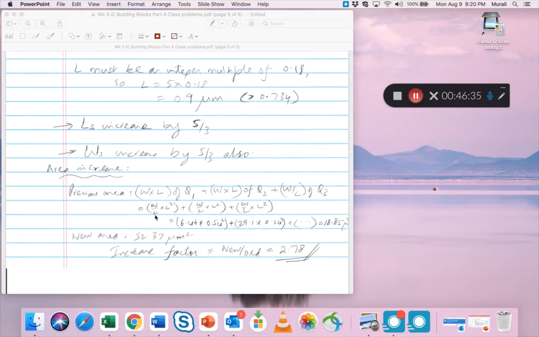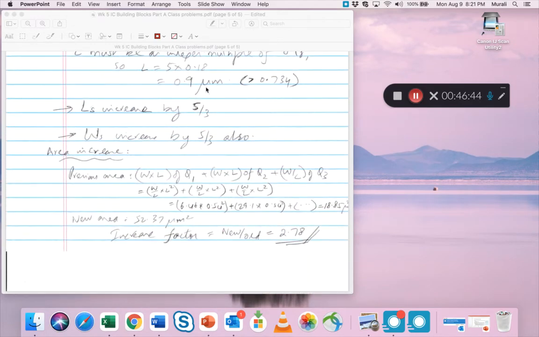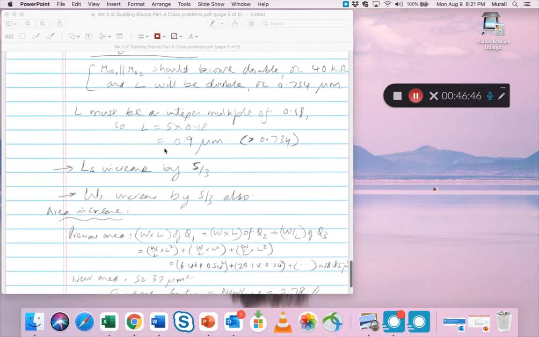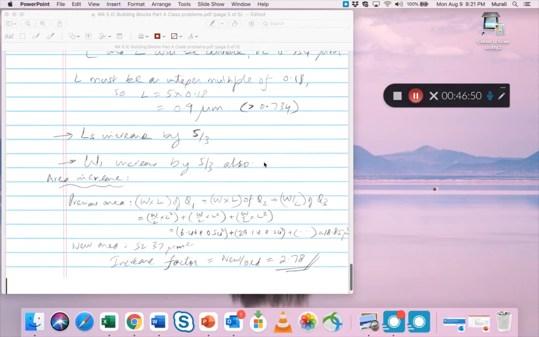Well, the W by L is the same, but the new L's, right? L is 0.9 everywhere. Well, 0.9 for 2 of them, and the other one also increases by 5/3. So anyway, the new area is this. You can calculate using this. And the increase then is 2.78. So to double the gain, you need an area increase of almost 3 times. That is the lesson to be learned.